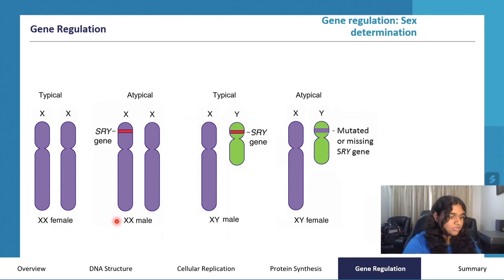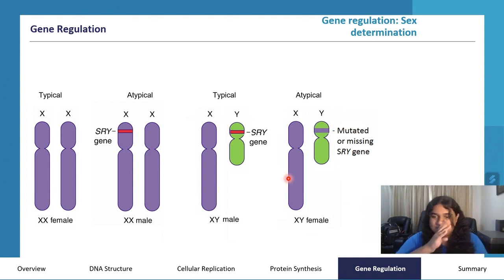So this is an instance of intersex humans developing. If an SRY deficient Y chromosome, so an individual with an XY combination but without the SRY gene, it won't start producing male characteristics. Instead, it'll be a female with XY chromosomes. Another example of intersex.